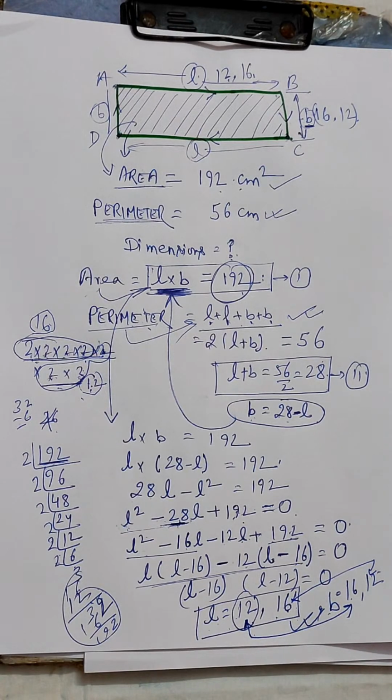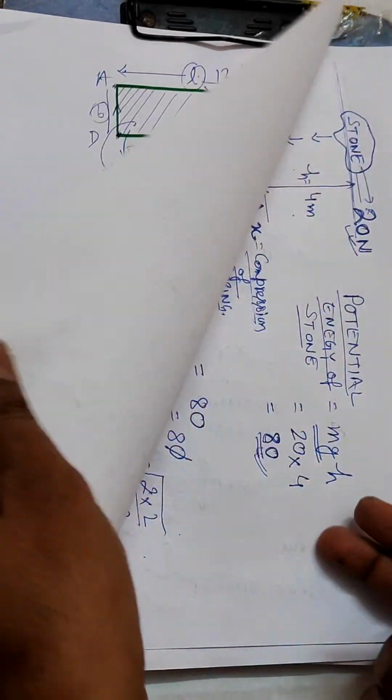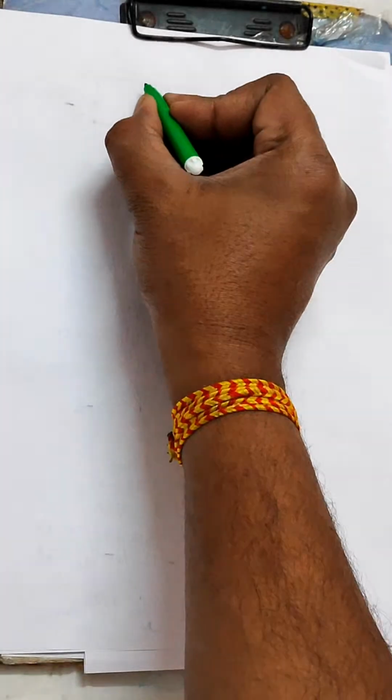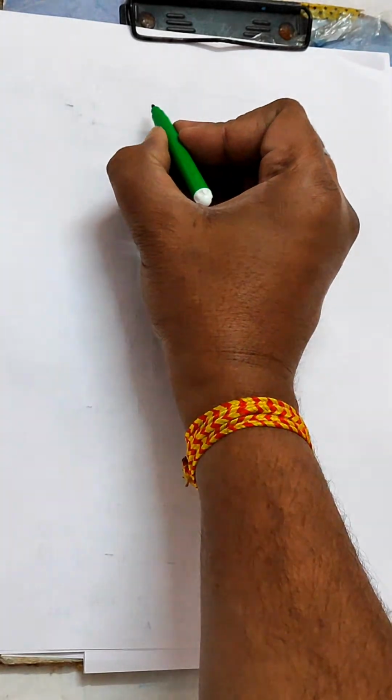So students, let me take you through another question. I'm just taking another question now. So here in this question, a footpath of uniform width, okay, runs all around the inside of a rectangular field.